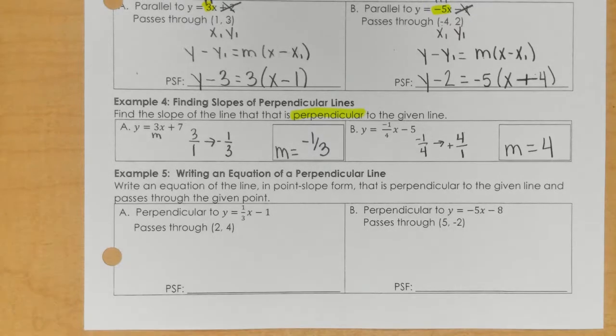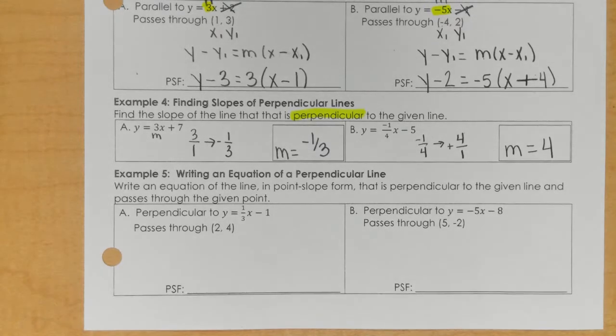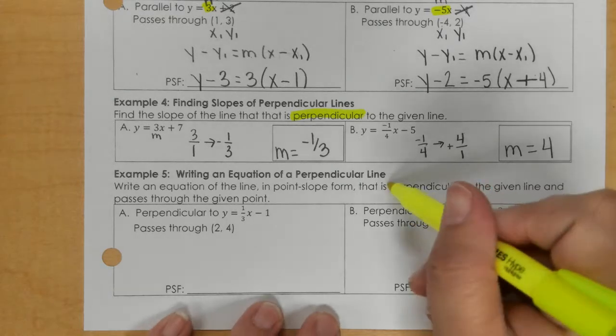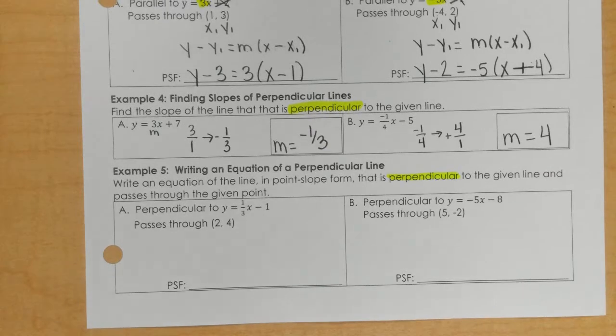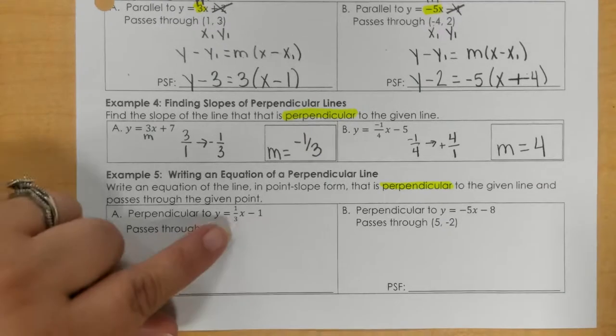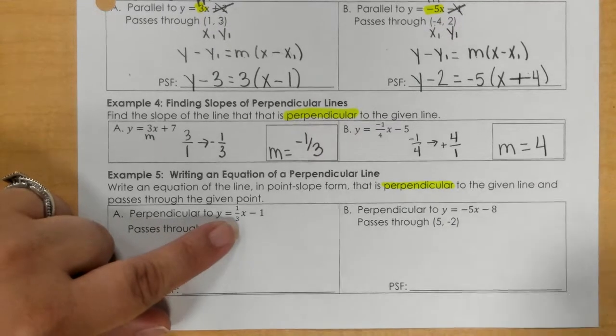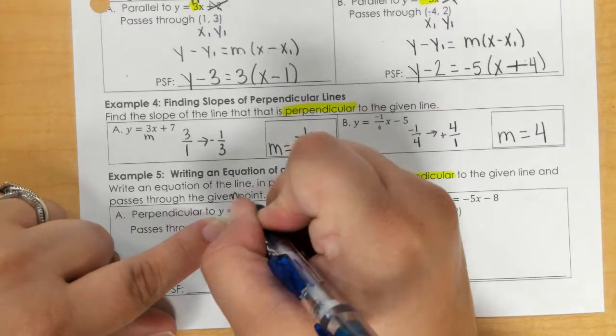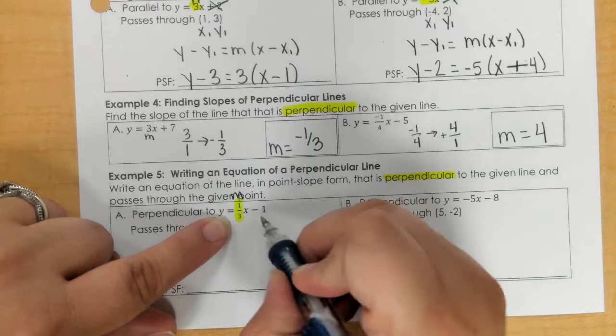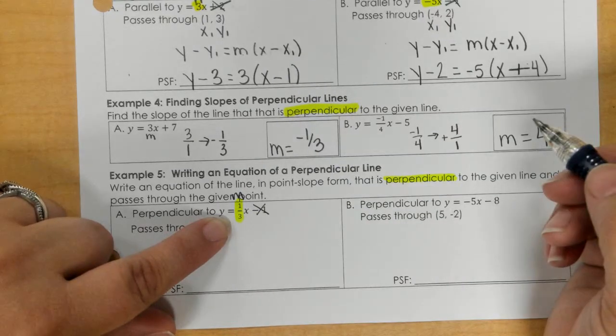Okay. Example 5. Write an equation of a line in point-slope form that is perpendicular to the given line and passes through the given point. So, in the equation, what is your slope? 1/3. That's my M. This is extra information.